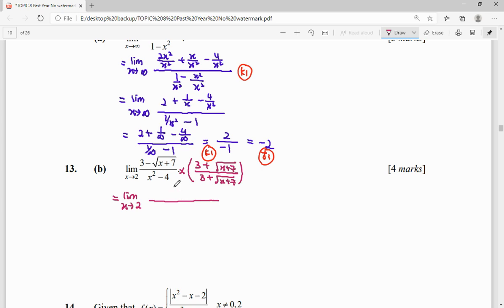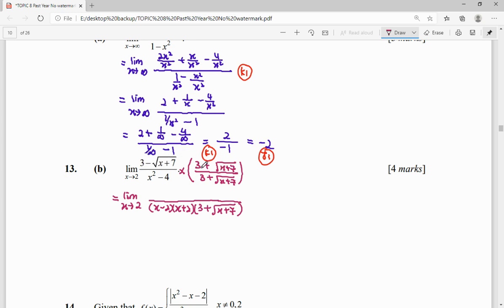At the same time, we can see quadratic here. Our x squared minus 4 we can factorize. We leave it in the factor form, which is x minus 2, x plus 2. Meanwhile, for the conjugate part, we are going to simplify it.